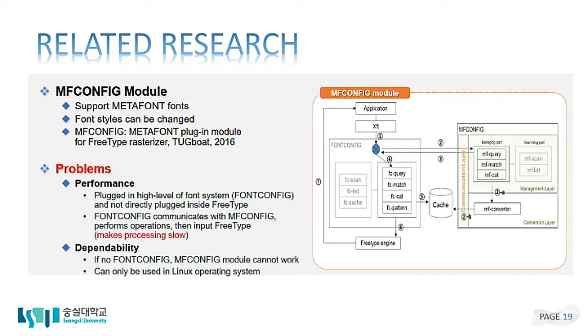If it figures out that it is Metafont, it bypasses it. Then MF config generates everything, produces a bitmap font, then a TrueType font, and passes it to the Freetype engine. But it is really slow. I can show that performance later.